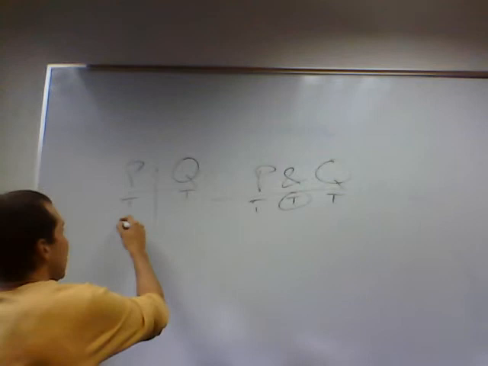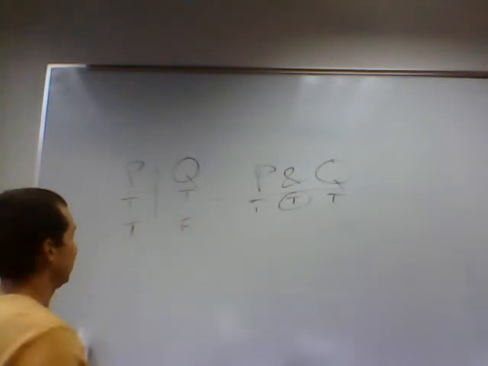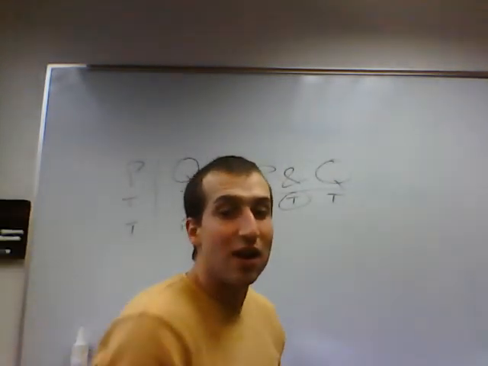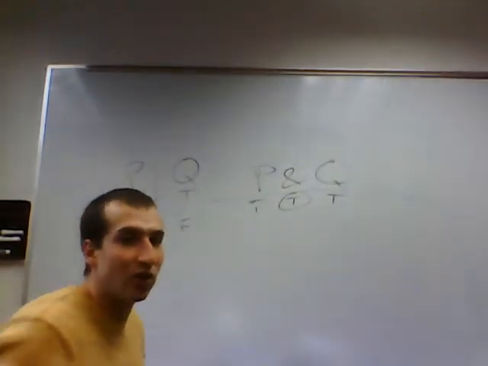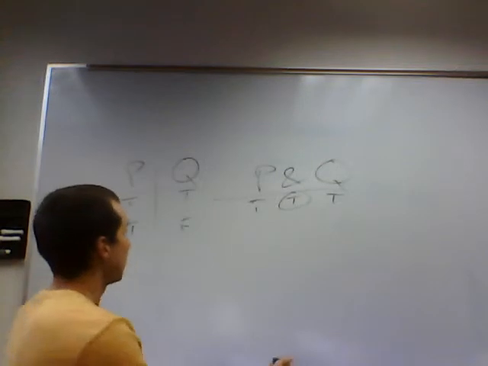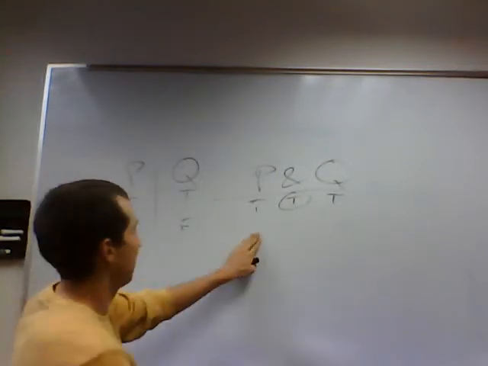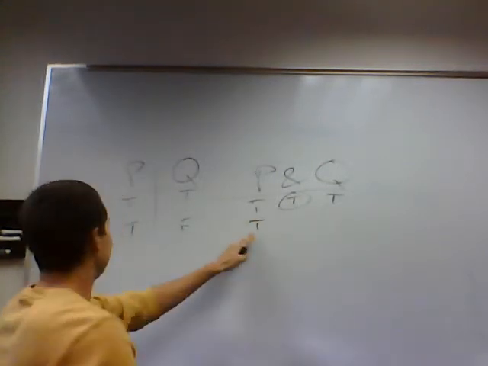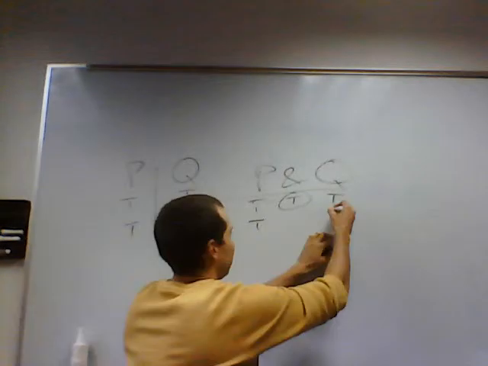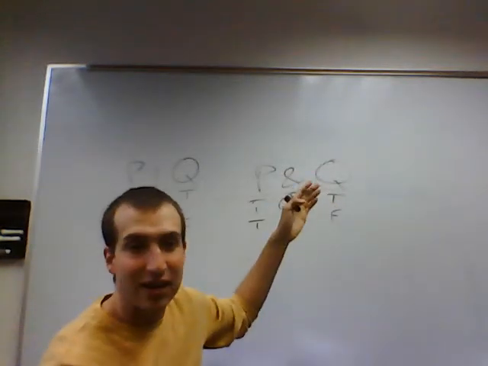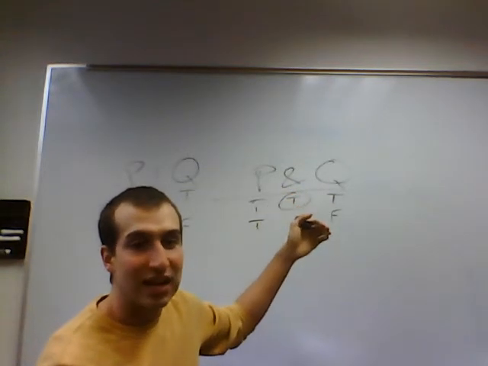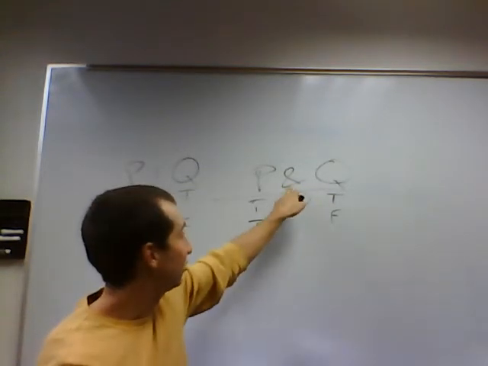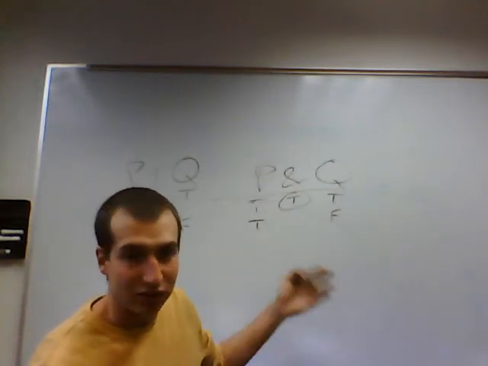Maybe a little bit more complicated example is the case in which P is true, but Q is false, right? So in this case, we would go across and apply P like this, Q is false, and remember the meaning of P and Q is: if both sides of the conjunct are true, then the whole thing is true, right?